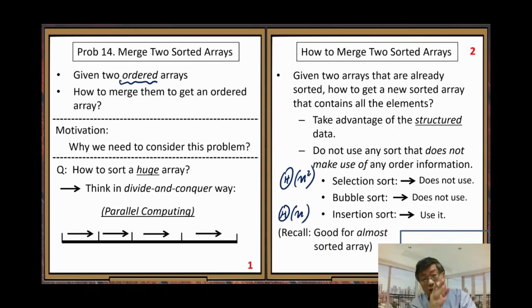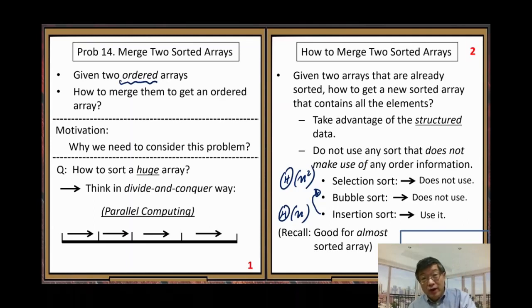Recall, if an array is almost ordered, then this method is the best. So you can compare with bubble sort. Although after the modification you can improve its efficiency, if it is almost sorted, you get a worst case efficiency. Almost sorted, so that's a good comparison.